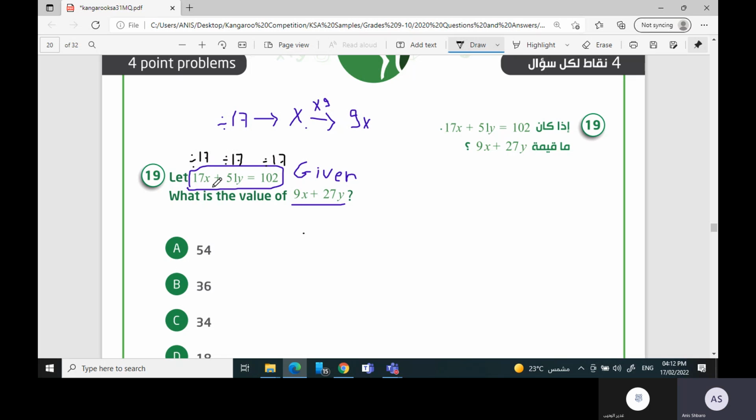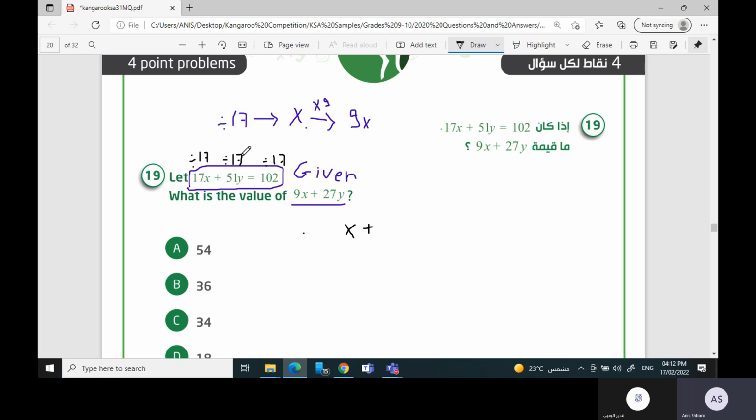So 17x over 17 is only x, easy one, plus 51y over 17. I can see I have maybe 3.